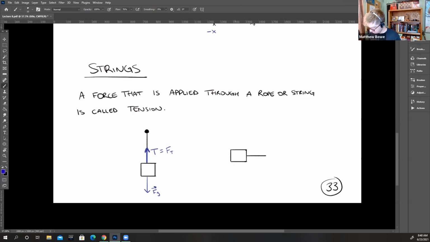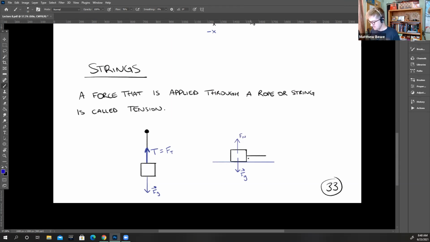Okay, what about a block that someone or something is pulling with a rope, on a frictionless surface? Well, we have the force of gravity, which is pretty much always pointing downward. Since this block is resting on and in contact with a surface, there's a normal force pointing upward.